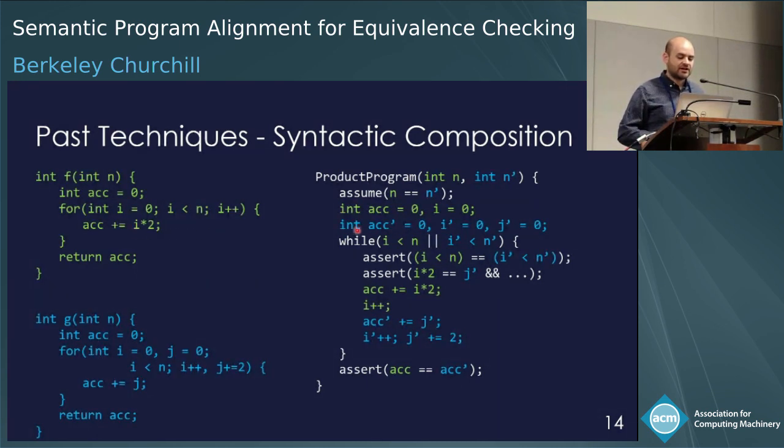We have essentially a main loop with a preamble, and the preamble and main loop code are copied from the two original programs. And then you can come up with invariants that assert the relationship between these variables. Here and throughout the talk, we'll use primes to represent variables from the second program G, and the lack of primes suggests a variable from F.